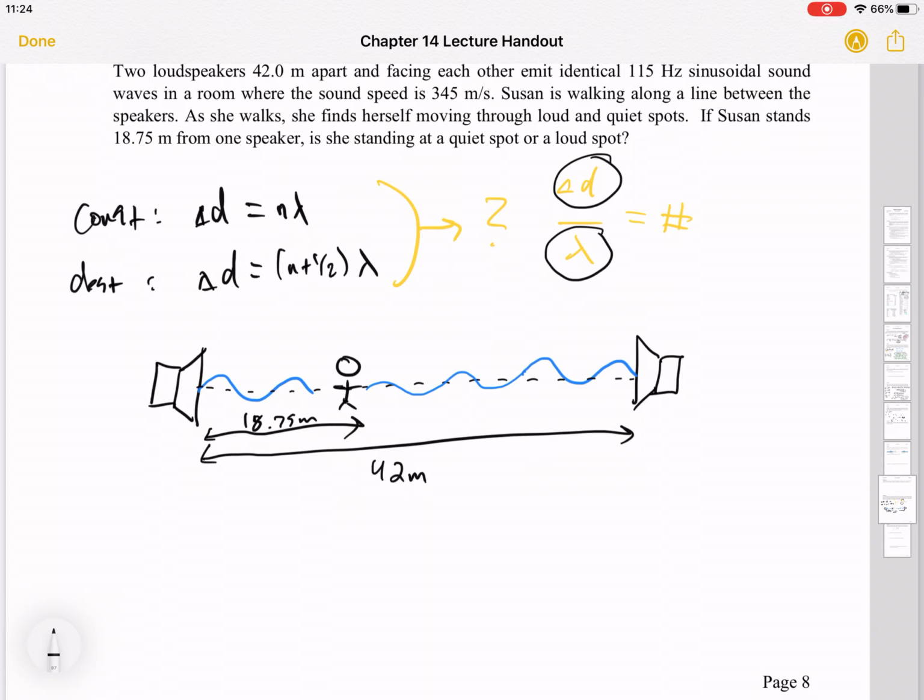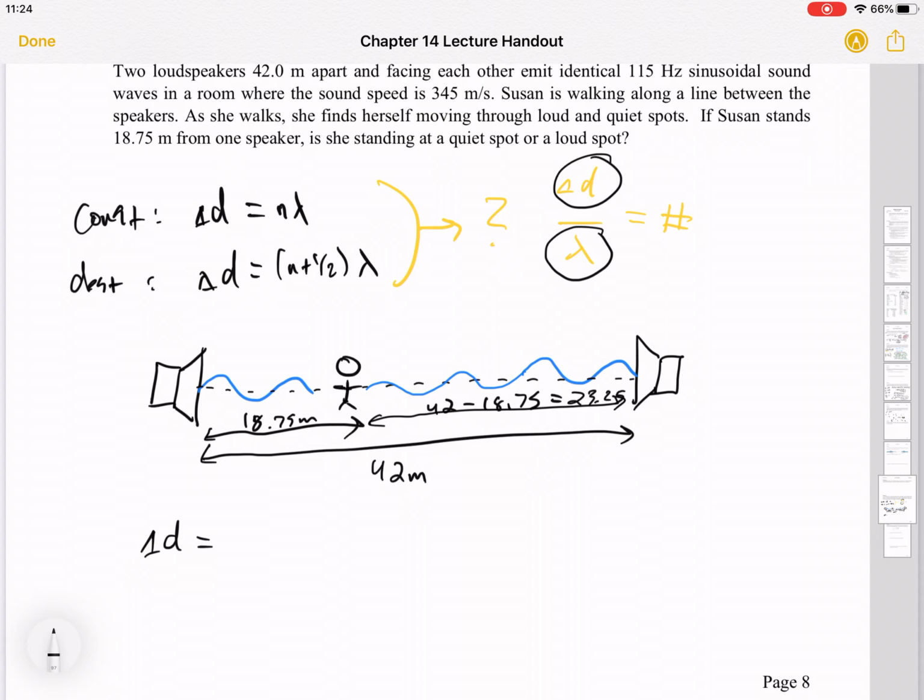So the path length difference: if this path is 18.75, then this path is 42 minus 18.75, which is 23.25. And then delta D is the difference of those. We're going to use the positive, all right? It doesn't make sense to have a negative number here, because n is never negative and lambda is never negative.